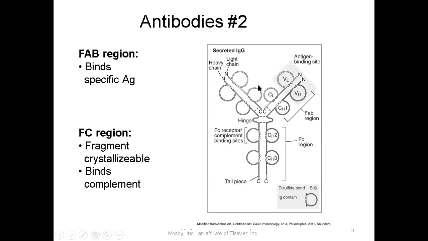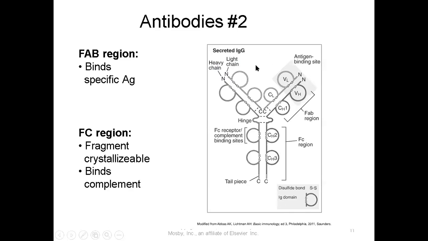And then basically, we looked at the FAB region on the last slide. FAB region simply means fragment antigen binding. That's at the very end, and you can see how both the heavy and the light chain contribute to that FAB. It's going to be the same on each side.